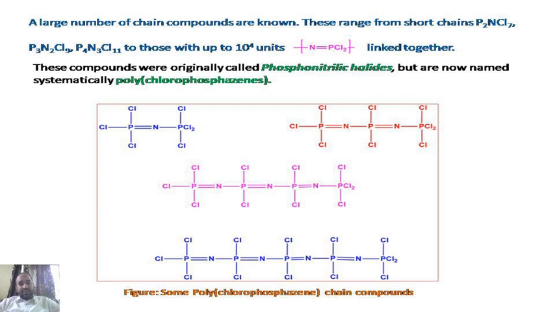These compounds were originally called phosphonitrile halides, but now they are systematically named polychlorophosphazenes, as they contain many chlorine atoms in them.